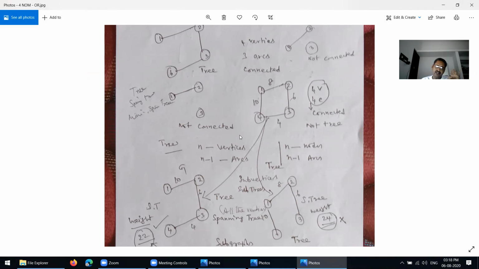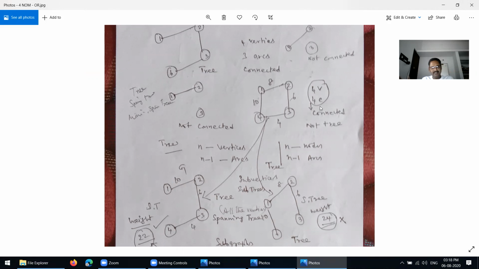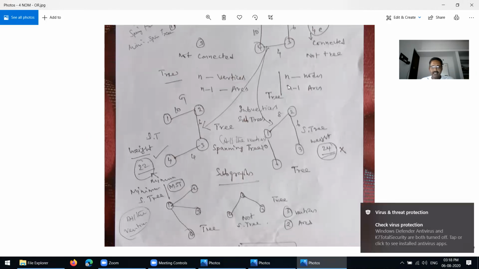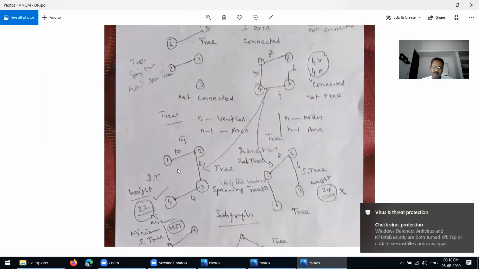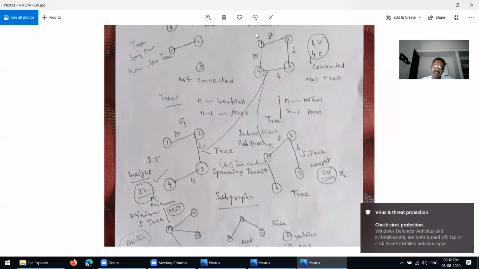So the spanning tree also must have 4 vertices. So we have to develop a set of trees. Here, this one is the first tree. Actually, this one is the first subset of this one. This also is a subset, this also, this also. So how many subsets? This graph has 4 subsets.